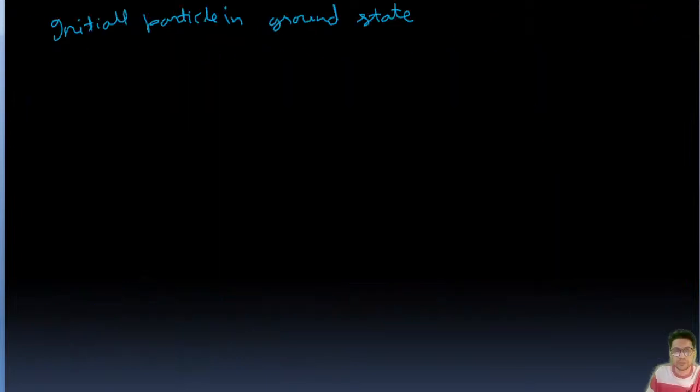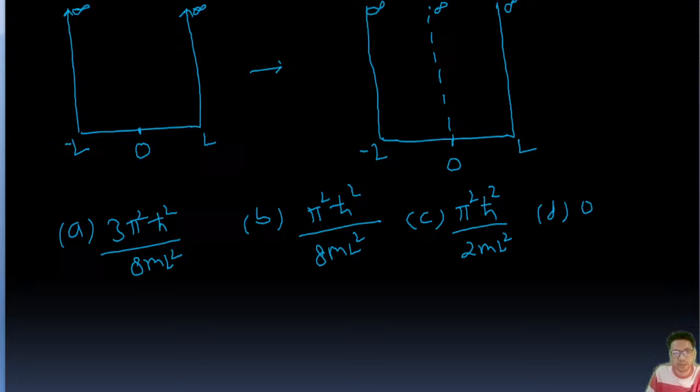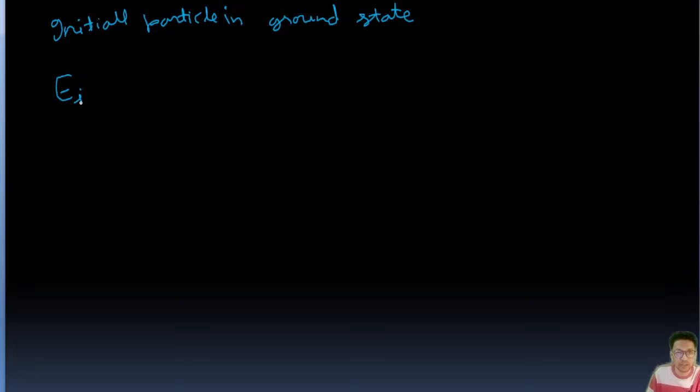So the initial energy is going to be E_I. In this condition, because the wall is not raised, the particle is in the ground state, and we know how to get the energy of this system, because this is a symmetric potential well.